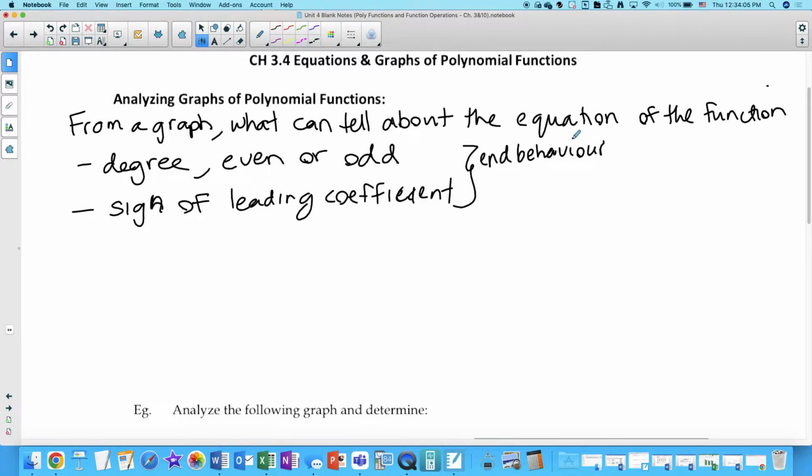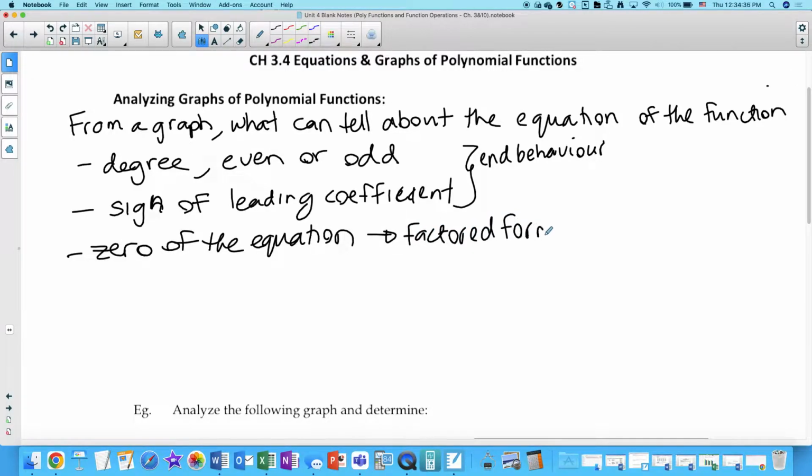Okay. There's something else that we can tell. Yes. So if there are factors, then we can tell what the factors are by looking at the roots. Okay. So, or we can tell the zeros of the equation can tell us about the factored form.